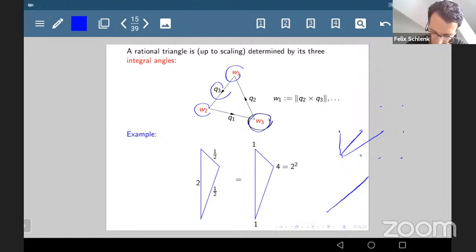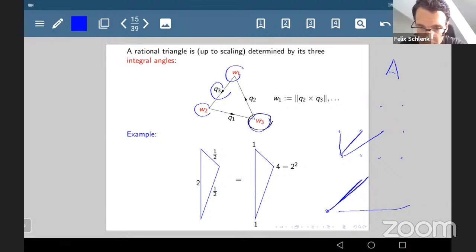Then you translate it so that it starts in the origin. And then you look how often you cross a lattice point. And this is its integral length. A better definition is you choose a matrix in GL2Z, transform this guy to an axis, and then take the Euclidean length.